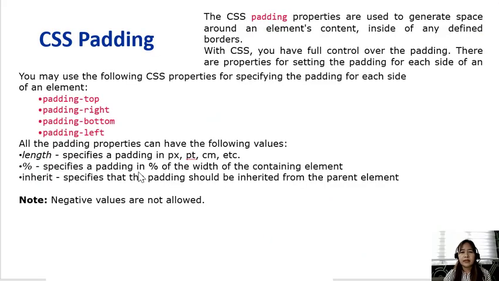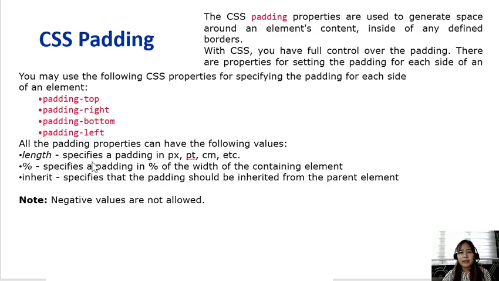Okay, so thank you very much for trying that out. So again, just an added discussion on the CSS model or box model that I have shared earlier. The CSS padding properties are used to generate space around the element's content inside of any defined borders. So you actually can specify a specific size for the top, right, bottom, and left padding.